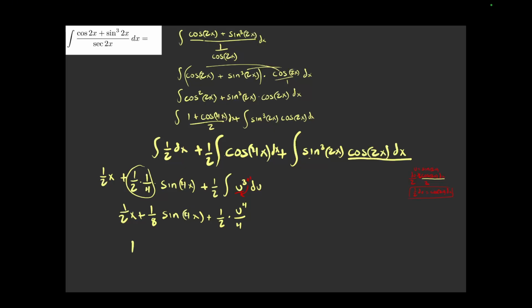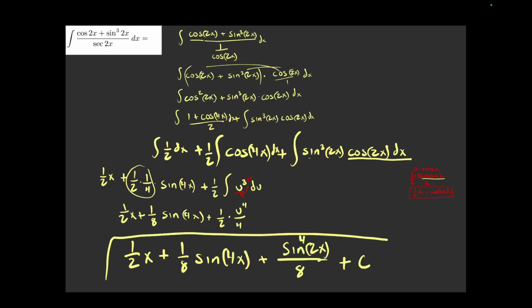So the answer is 1/2 x plus 1 over 8 sine of 4x plus, 2 times 4 is 8, u is sine of 2x. Don't forget the exponent 4, and then plus c. And that will be your answer. And c is a real number. Thanks for watching, and I'll see you guys in example number 3.